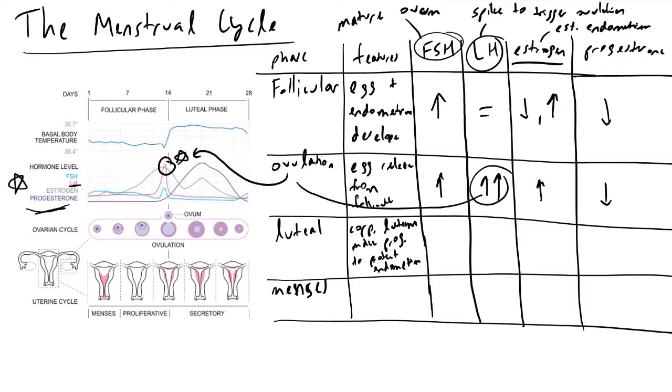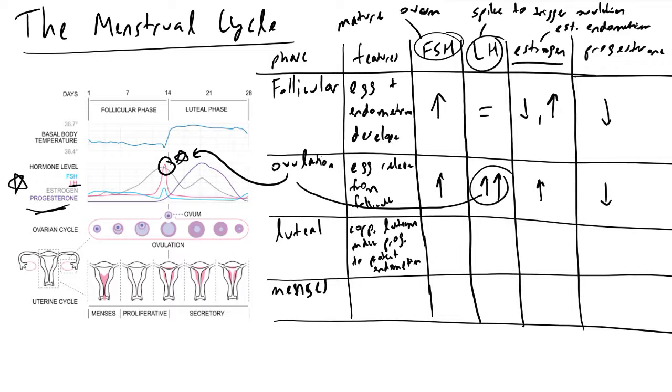At this point in the luteal phase, the endometrium is considered as big as it's going to get. So we just want to sustain it now while the egg exists in the uterus.